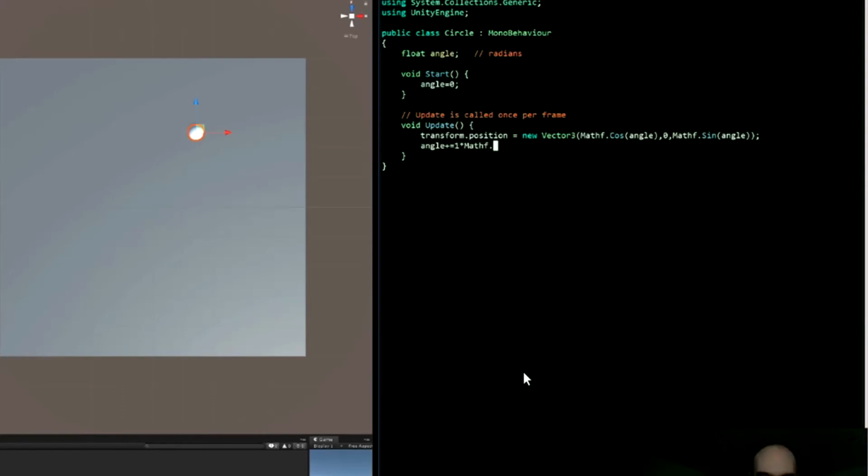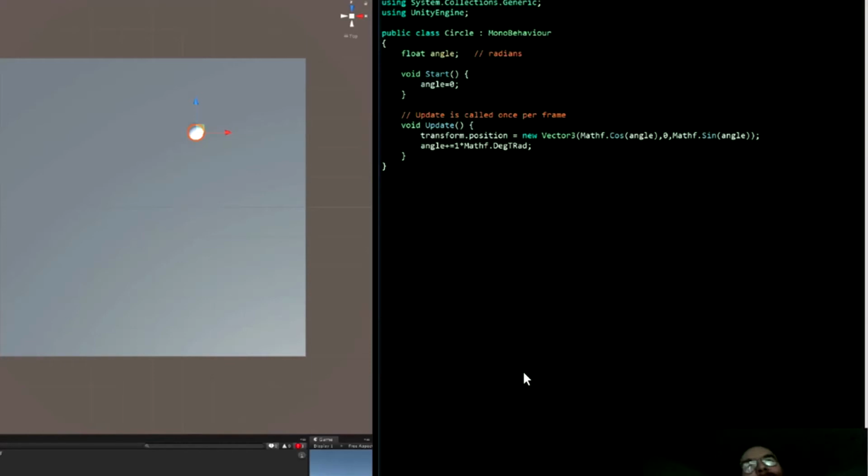To do 1 degree, I would need to take my 1, and in fact there is a function available in Unity. MathF, it's not a function actually, it's a multiplier. If I multiply my 1 by degrees to radians, I think, is this correct? I think it's actually a constant. There we go.